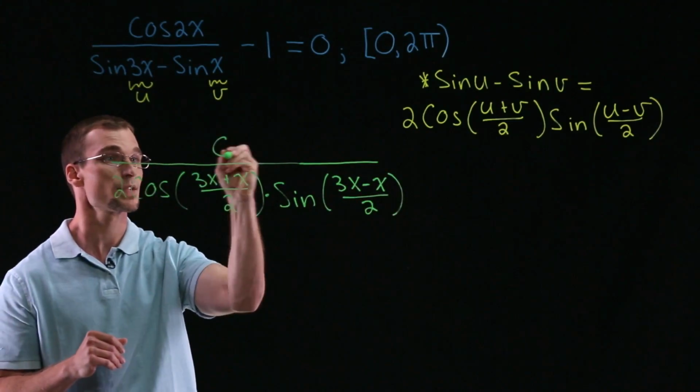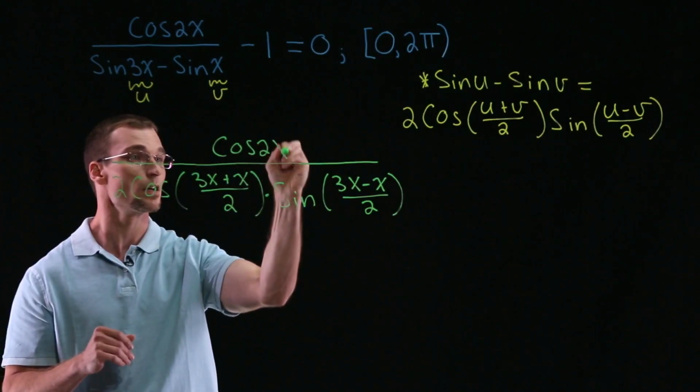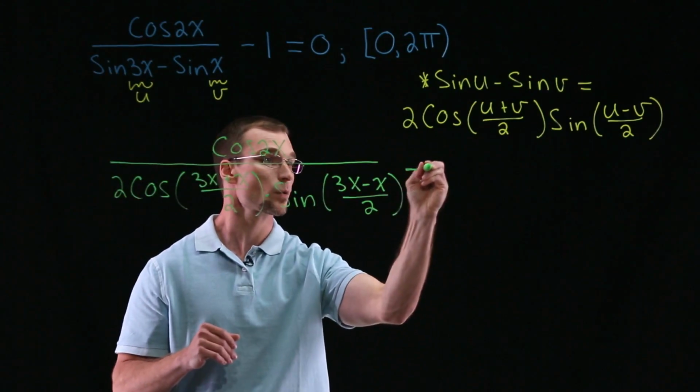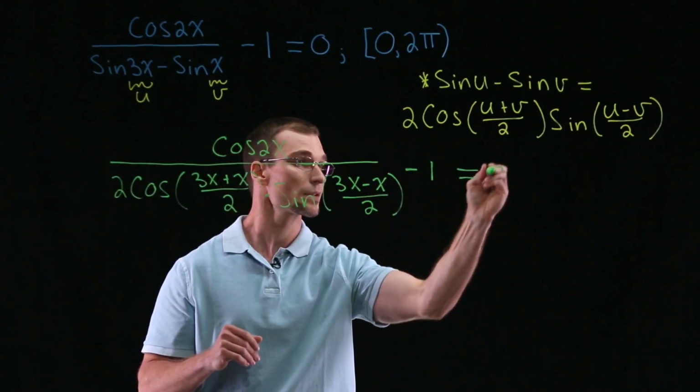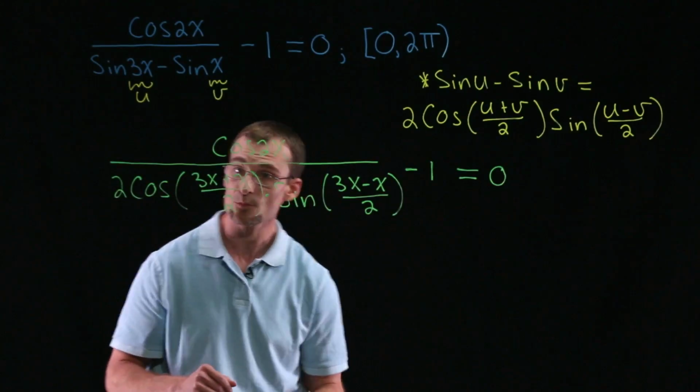And our numerator is still cosine of 2x. And here we're subtracting 1, and this is all set equal to 0.